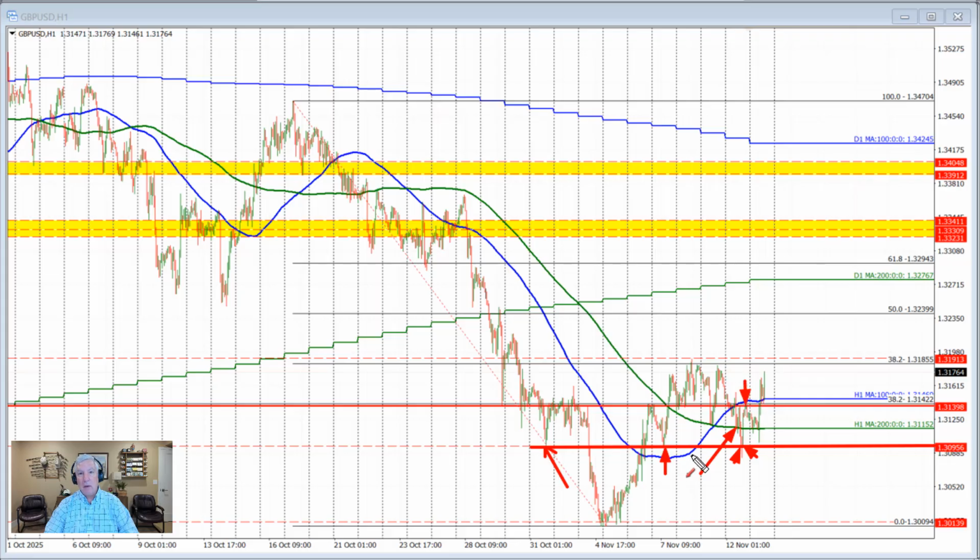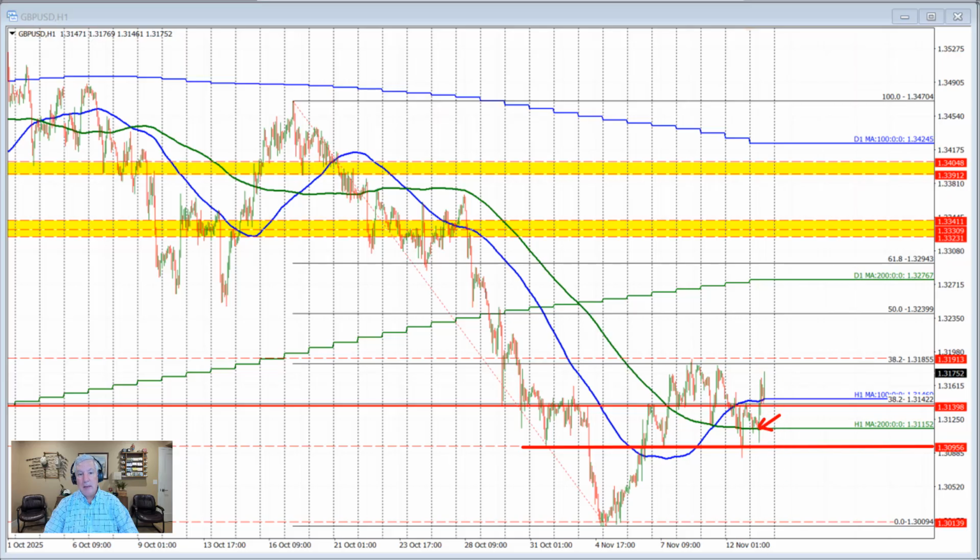Went right back to the 100-hour moving average into the close yesterday, rotated back down, tried to hold the 200 right here. You can see the battle going on between the buyers and sellers, even right here before breaking to the downside. But that break to the downside could not get back below that old level right here at 1.30956, and like some of the other currency pairs on the failed break, we saw it short-lived and a move back above the 200-hour moving average right here gave the buyers a go-ahead to push to the upside.